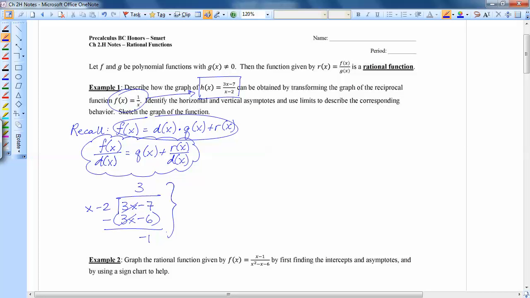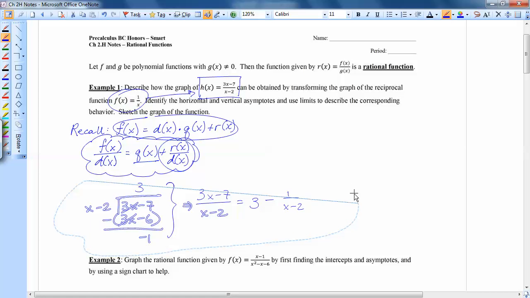So this says that I can write 3x minus 7 over x minus 2, that was the original problem essentially, equals 3 plus, because 3 is my quotient, and then plus the remainder over the divisor, negative 1 over x minus 2. So I'm just going to write that as minus 1 over x minus 2. Okay, so let me shrink all this stuff down here.